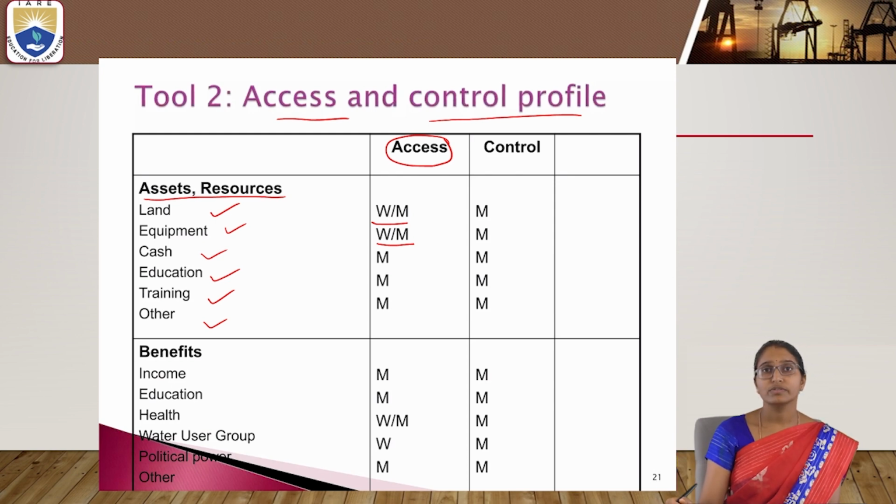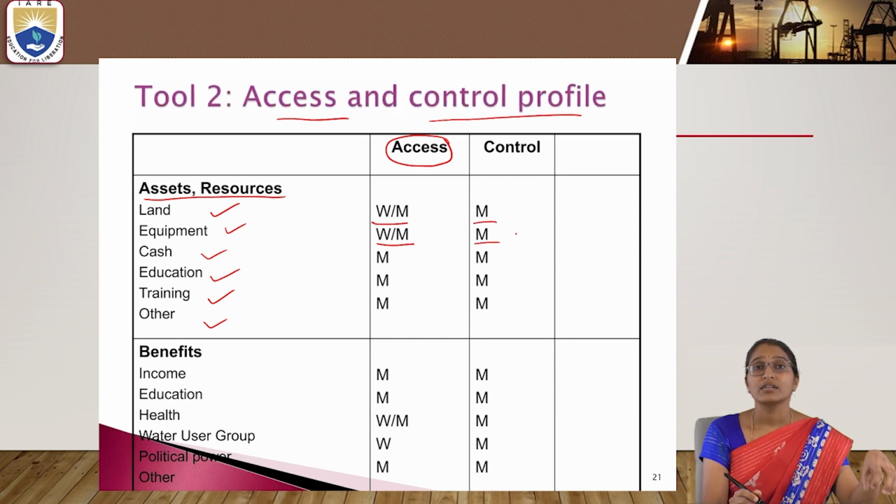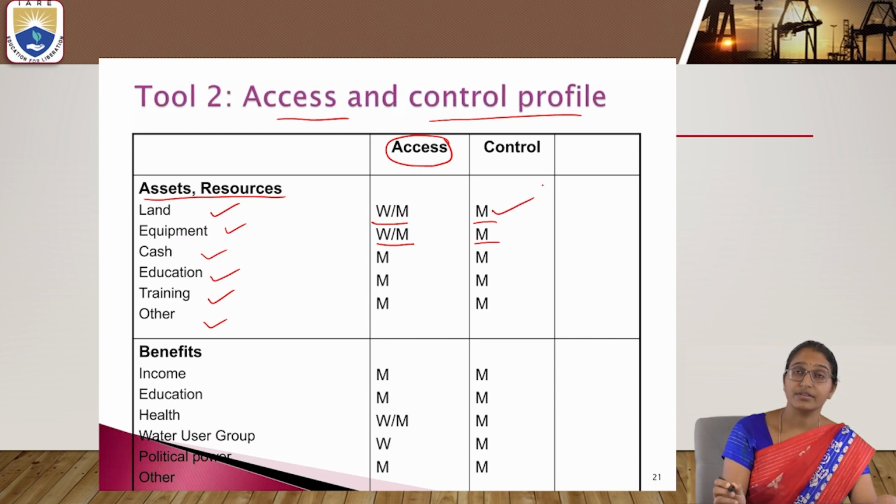Both can operate it, or some small machines for cutting the crop, for example. That can be accessed by both genders, but the control is under whom? Though the woman is working on that land, the landlord will be a man. This is the control, meaning the property belonging to that person.